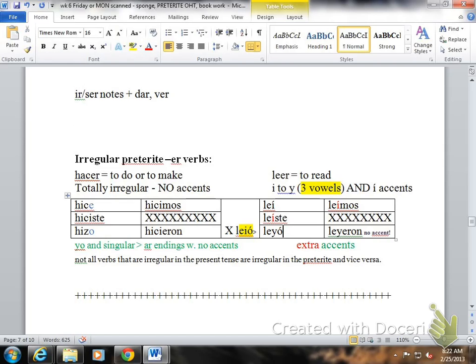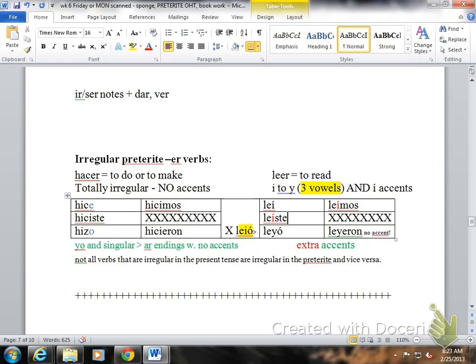Make sure you have your accent there. Normally the yo form and the él/ella/usted form have accents. Also change the ieron to yeron, but notice that the nosotros form and the tú form have extra accents.